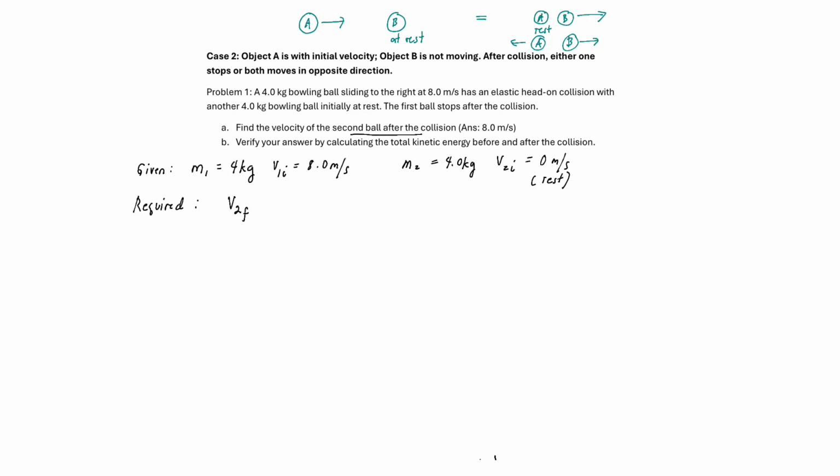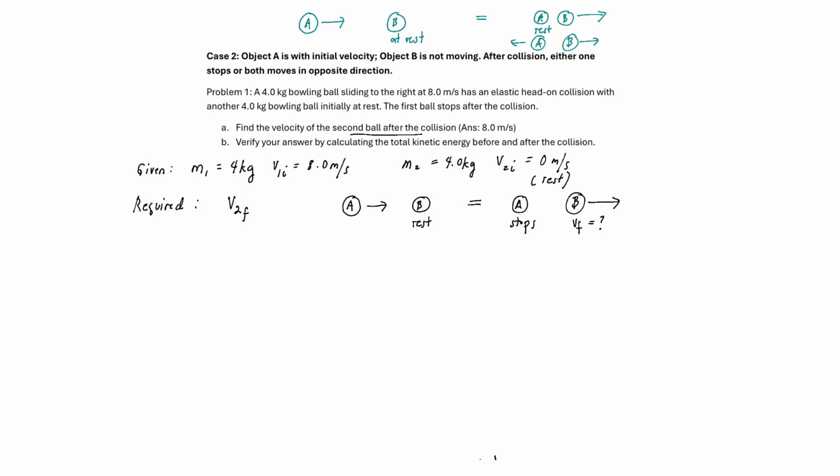If we think of our problem, this is the case where ball A is traveling at 8 meters per second and ball B is at rest. After the collision, the first ball stops, and then B moves in the right direction, and we don't know the final velocity.